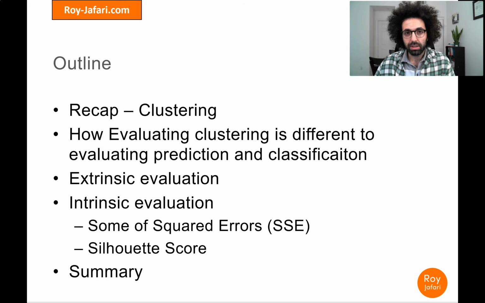To be able to answer if we know and how we go about knowing if our clustering is good, we are going to first understand the difference between how we would evaluate clustering, how we would evaluate classification and prediction. And then we'll talk about two ways of going about this evaluation.